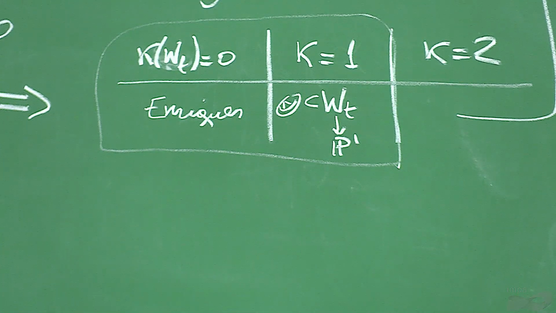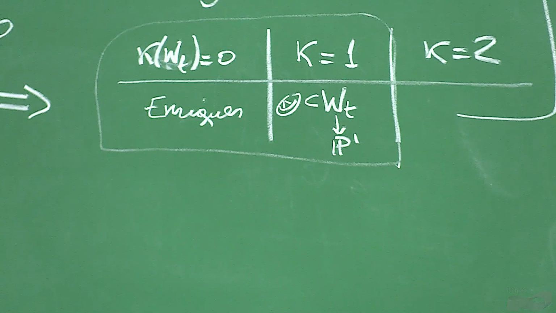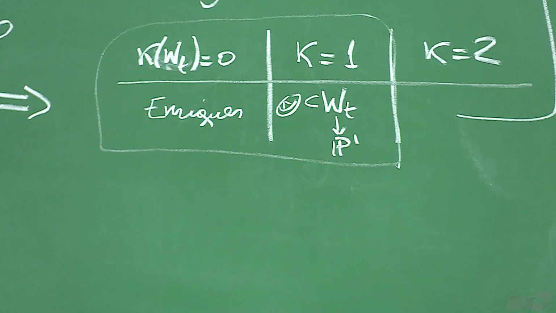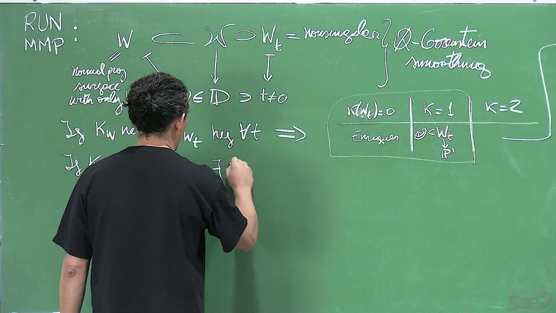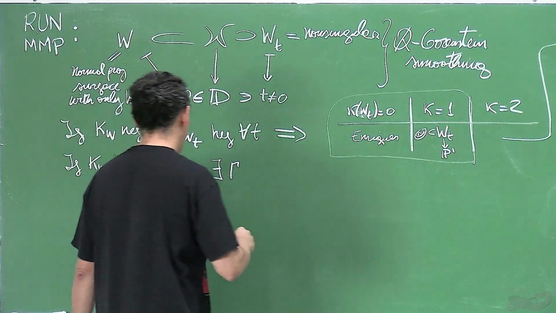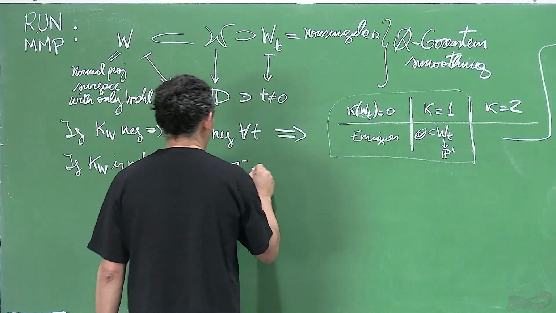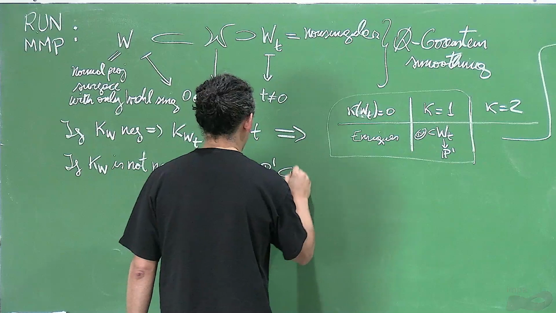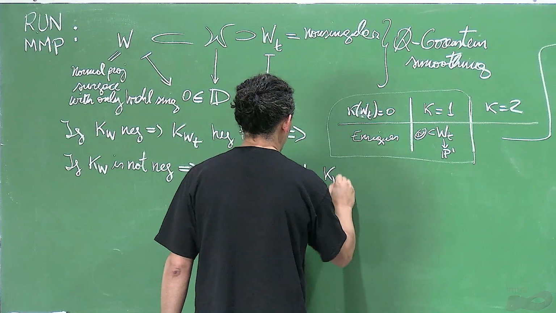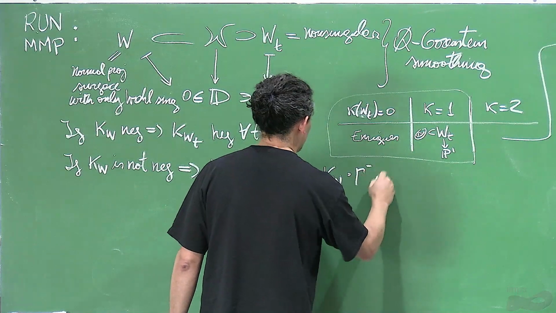And so what happens if it's not nef, then we run MMP. Then I told you that there exists a gamma minus, which is a P1, C, inside of W, with KW dot gamma minus negative.